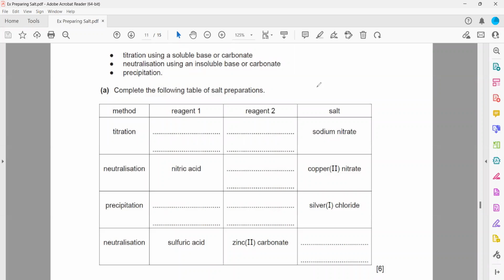In titration, acid is mixed with an alkali. For sodium nitrate, which acid should I use? Because I want nitrate, it should be nitric acid. And because it is titration, we use acid with an alkali. So reagent 2 should be an alkali, a hydroxide basically.